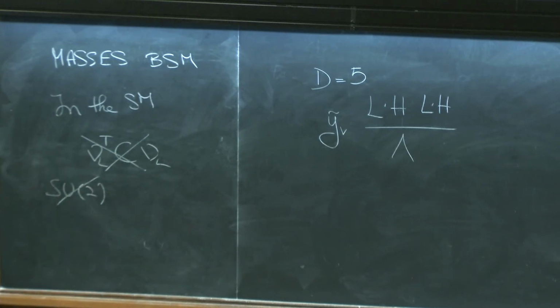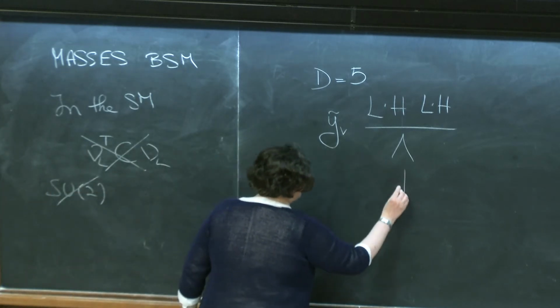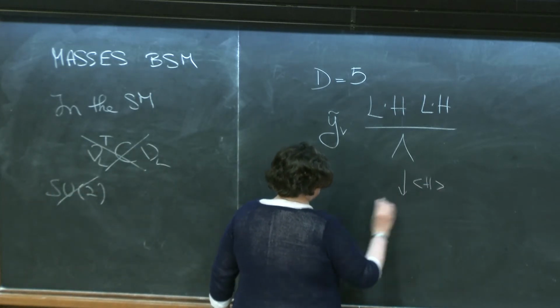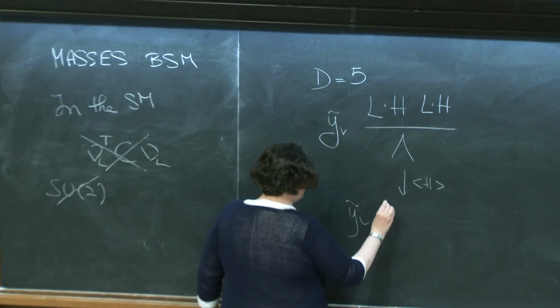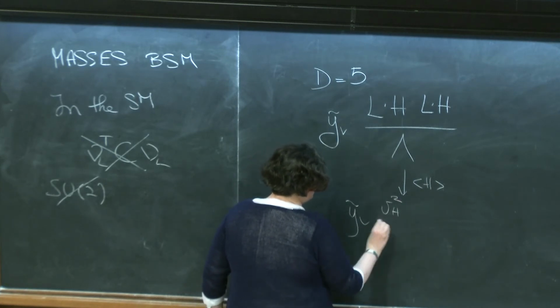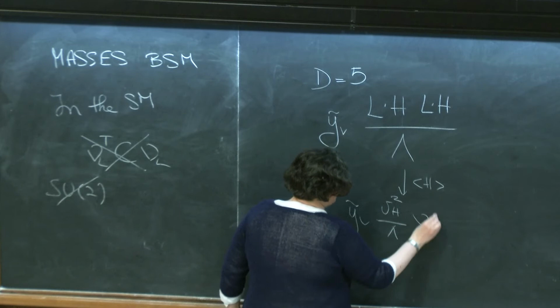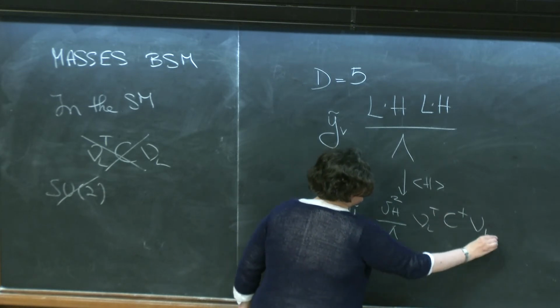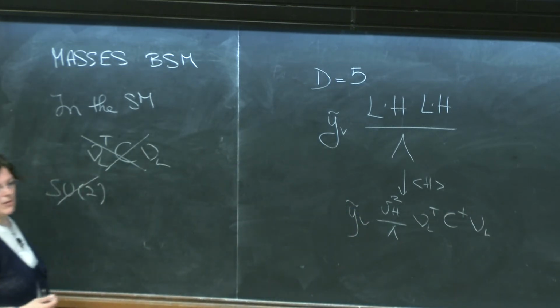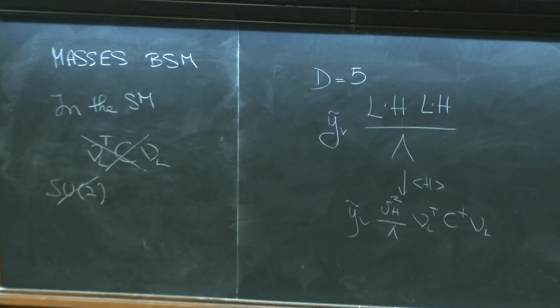This I can do. It is dimension 5 and preserves SU2. Once you break SU2 by getting the Higgs vev, this will give you exactly the term h squared divided by lambda, nu left nu left, so it will give you the Majorana mass term that you are interested in.